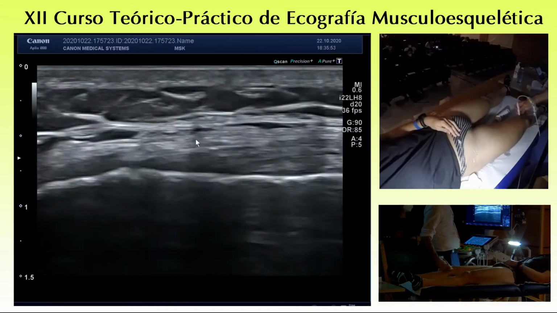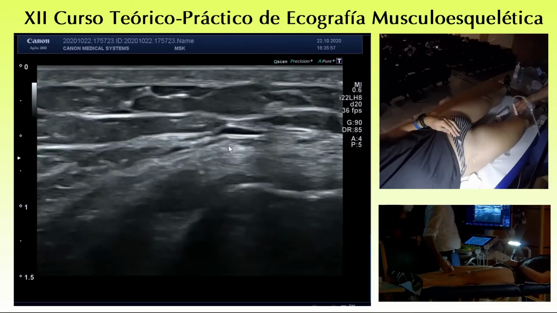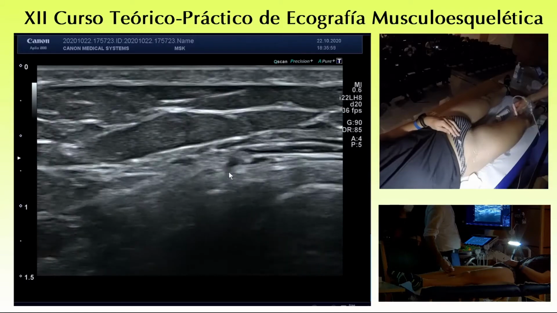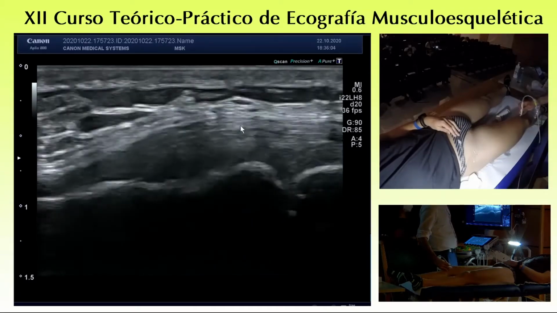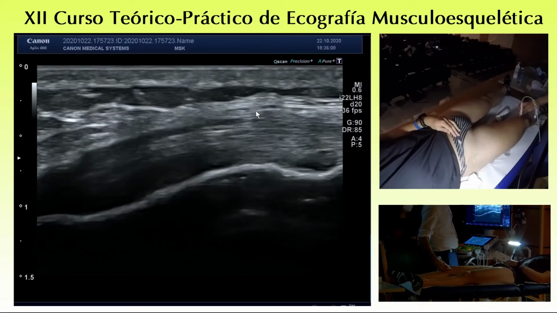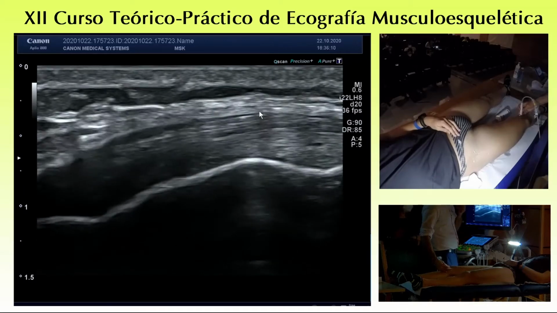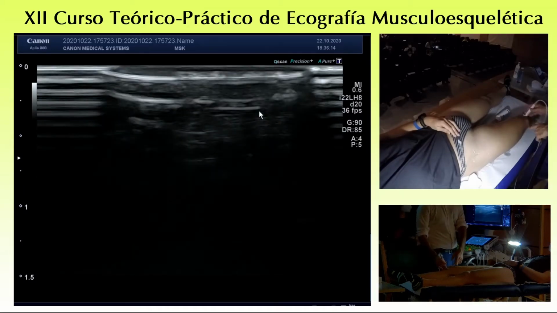And if we move backward, you see that we can follow it backward at this point, but the most important point is close to the medial collateral ligament. This is called the infrapatellar branch of the saphenous nerve, and when you have knee surgery, it can be damaged.